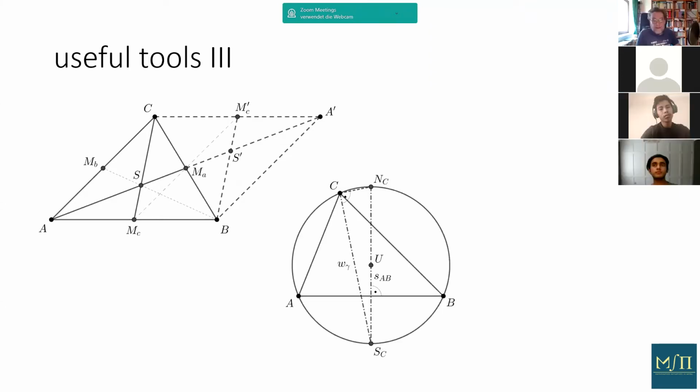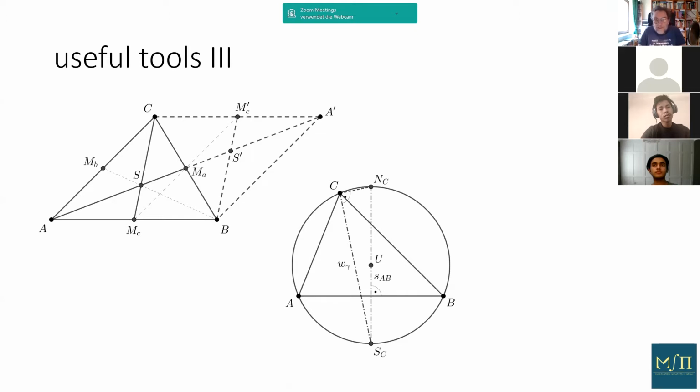Then another interesting tool, in Austrian culture, we call this the South Pole Theorem. I'm aware that this is something that's very Austrian. This is not something that's normally known by this name in other cultures, not even in other German-speaking countries, interestingly enough. But it's a very useful topic.